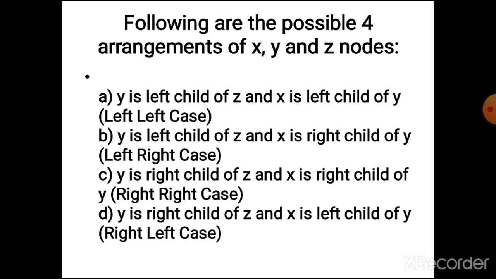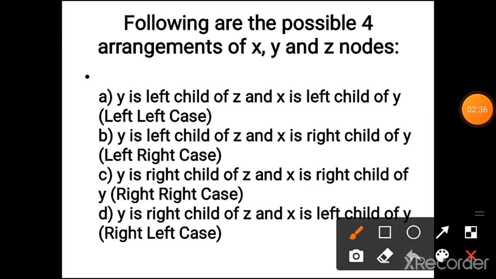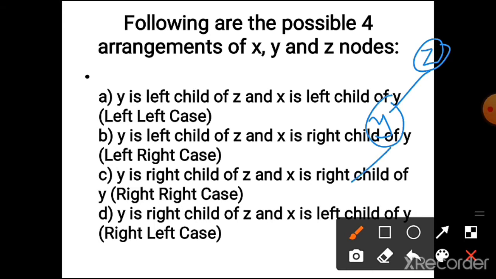First case: Y is the left child of Z and X is the left child of Y. That is the left left case. Here Z has a left child Y and its left child is X, like this. This is the first case.